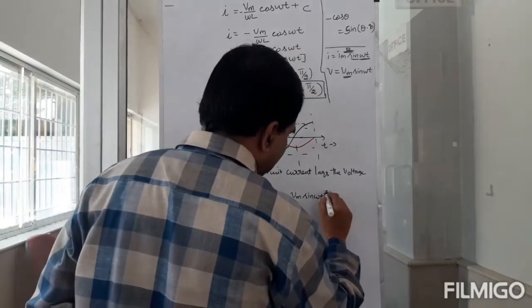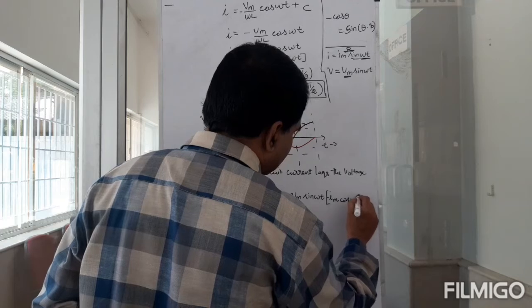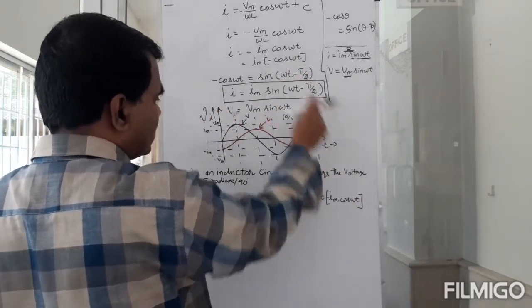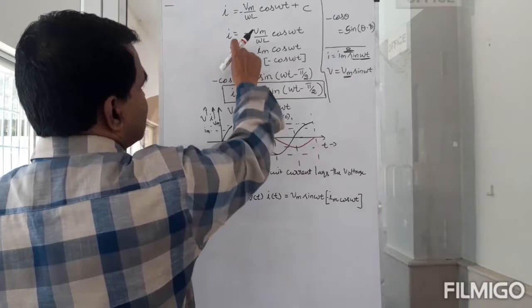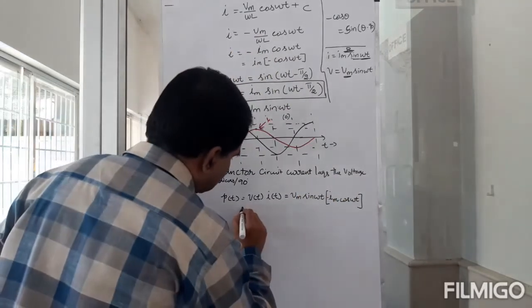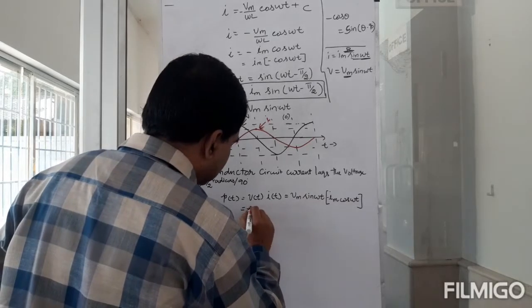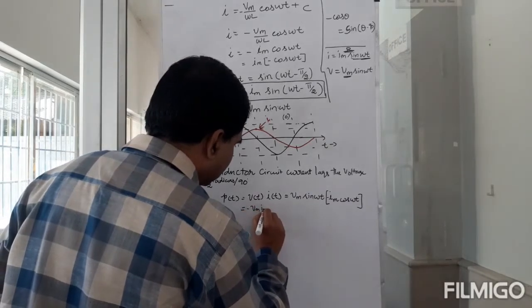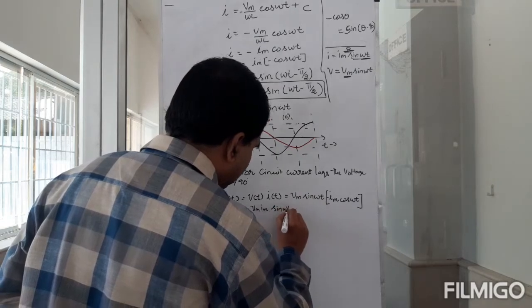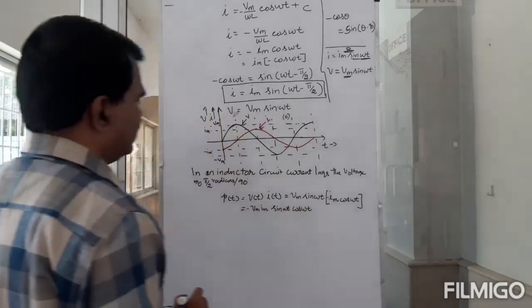So I'll write this as Im times minus cos omega t. That gives you minus Vm Im sine omega t cos omega t.